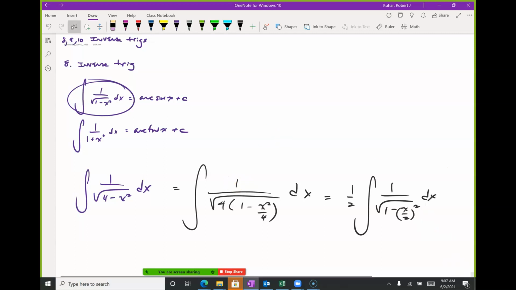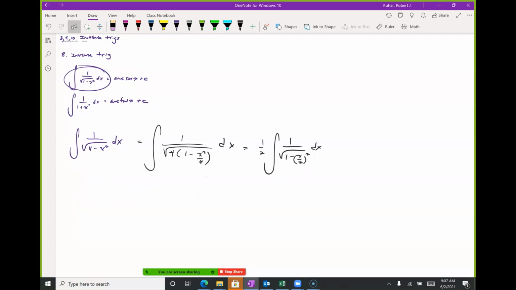So I'm going to try and factor, or do whatever. You're algebraic masters at this point, so you can simplify this as much as you can. But I'm trying to get it to look like this purple circle, like 1 over square root of 1 minus something squared.